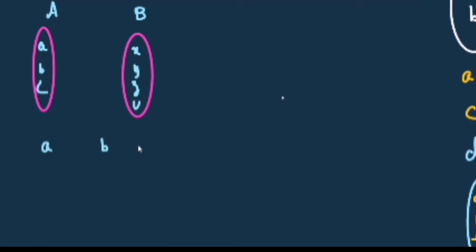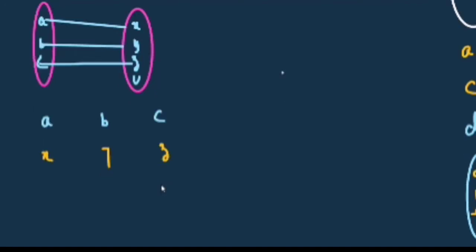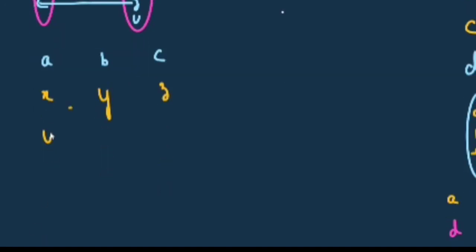One possibility is A goes to X, B goes to Y, C goes to Z. This is a one-to-one function, isn't it? The next possibility can be Y, Z, X, or it can be U, Y, Z. It goes like this.